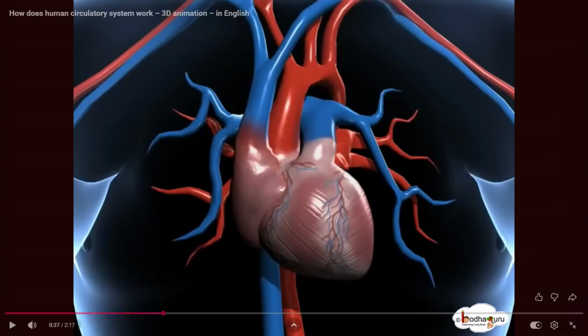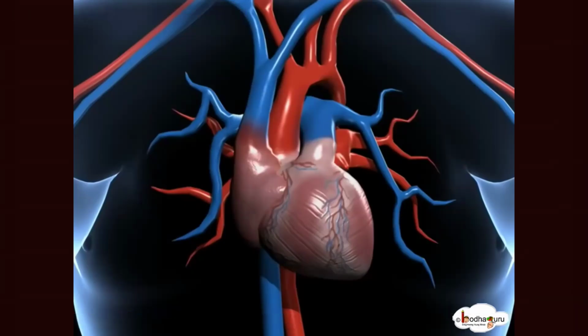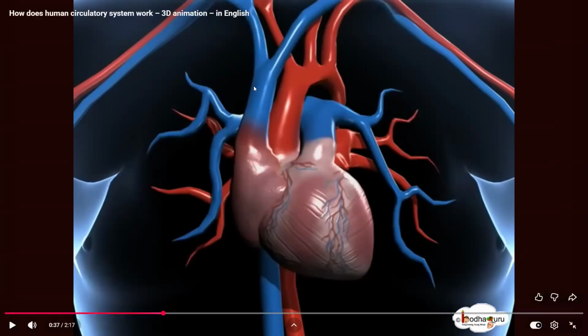Oxygenated blood has a sharp, very bright red color. That's the slight difference between the two. We can't see red and blue color in our body; the animations and drawings use these color codes to help us understand clearly.